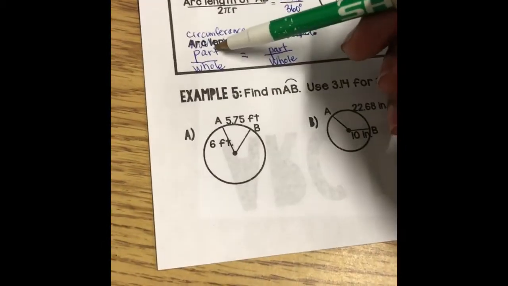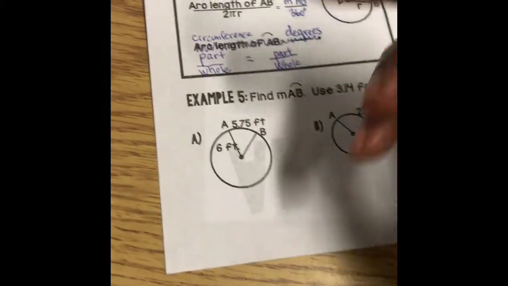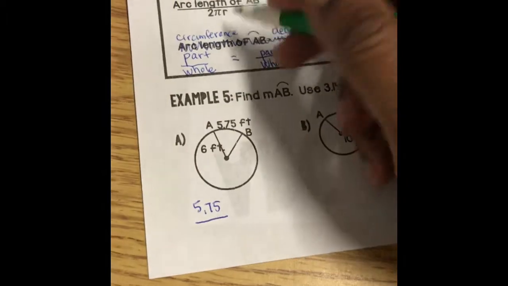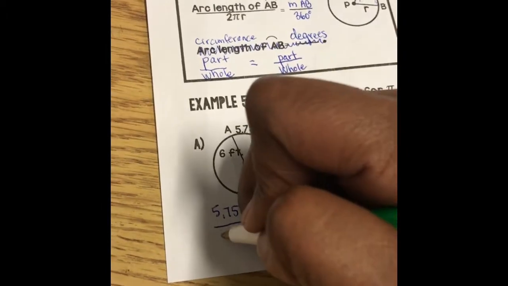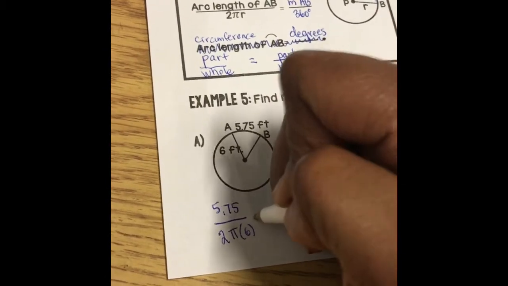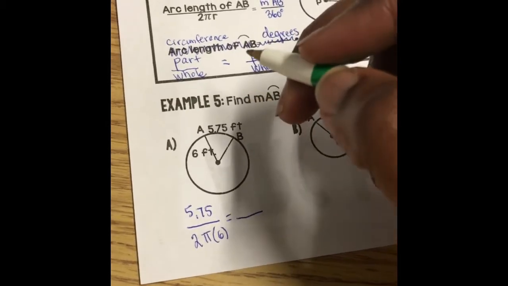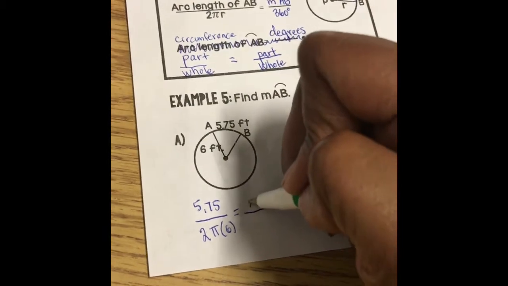So our part circumference, they gave us 5.75 feet. 5.75. The whole circumference is 2 pi r. 2 pi r is 6, is equal to the part degrees, which is what we're looking for.